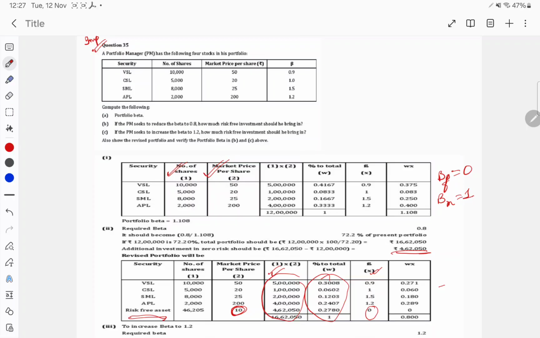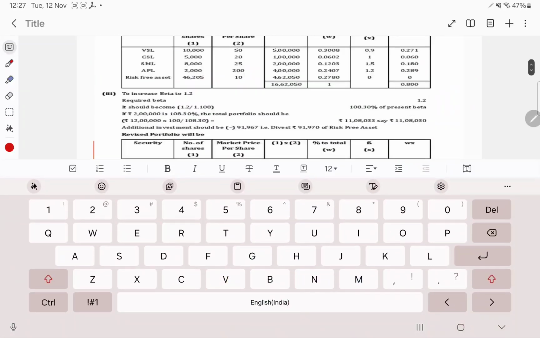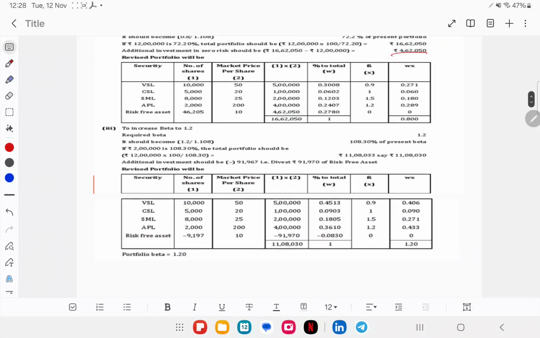Then you multiply W into X, and at the end you will see that the value of portfolio is the same as the target one given in the question. So this proves that you have calculated the right amount of risk free security. This was done for checking purpose, and in the examination it will give a good impression to the examiner.